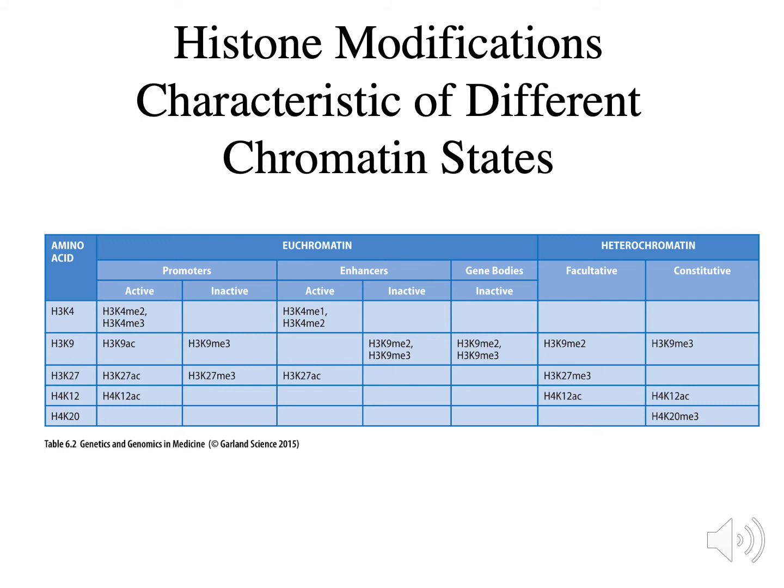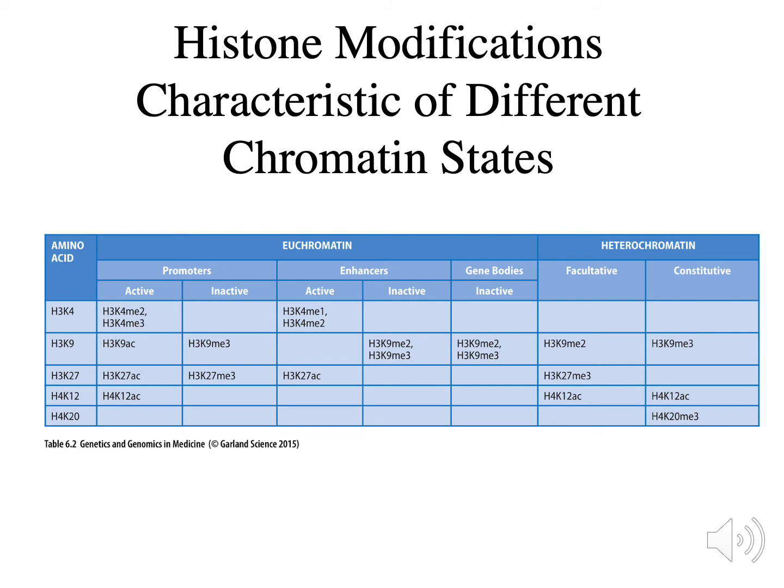H3K9, if you look at the 9th lysine residue of histone H3, an acetylation at that 9th lysine is associated with activation of promoters, and methylation, attachment of 3 methyl groups at that particular lysine, is associated with inactivation.